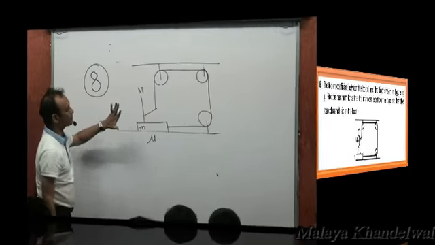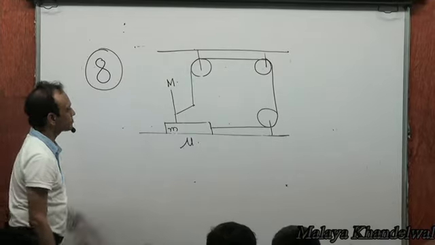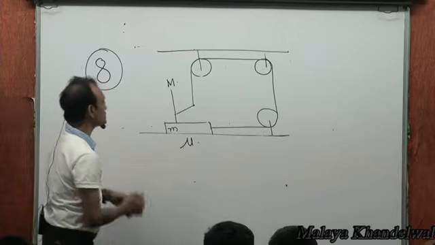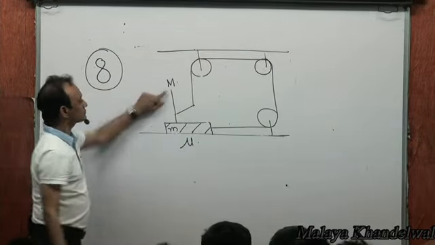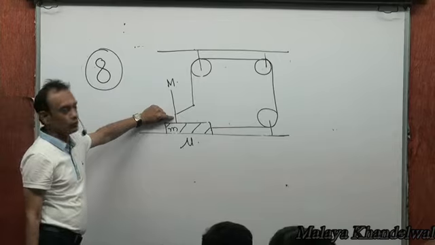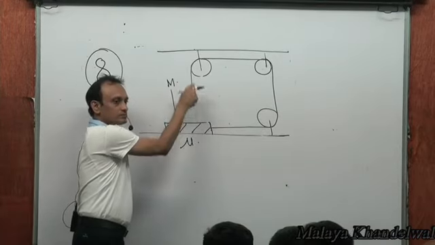This arrangement of pulleys then. This is a fixed horizontal surface and there is a board of mass small m resting here. Man of mass capital M standing over it and is pulling this rope.